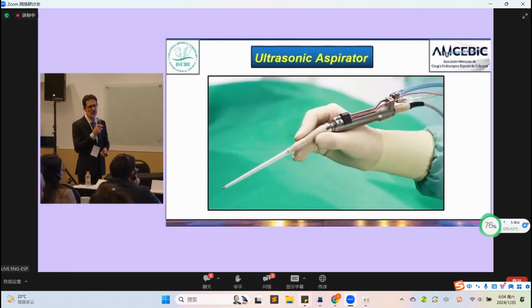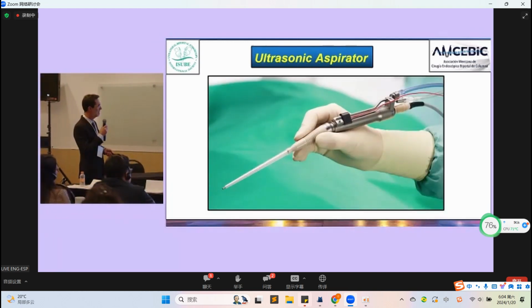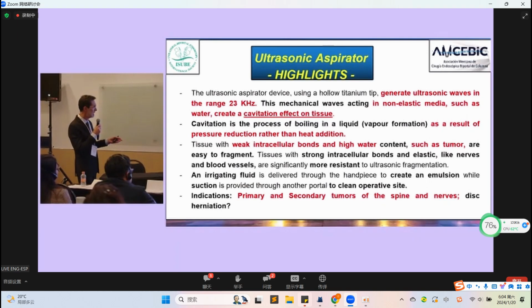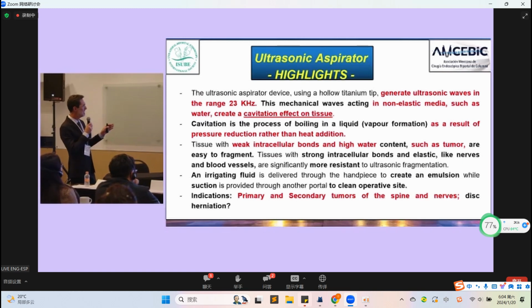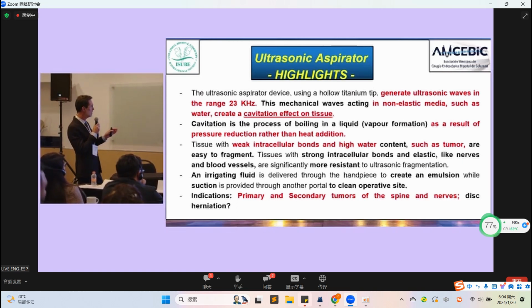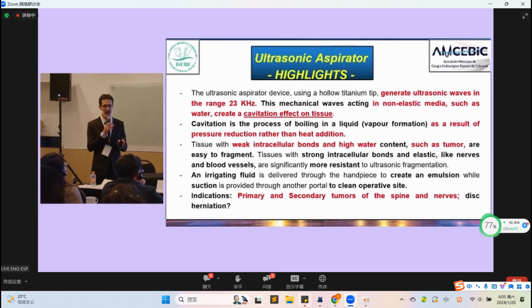Ultrasonic aspirator is the same idea. The highlights about the function. You use it in tumors. The vibration is around 23 kilohertz, 20,000 per second. The idea with ultrasonic aspirator is to create a cavitation effect.